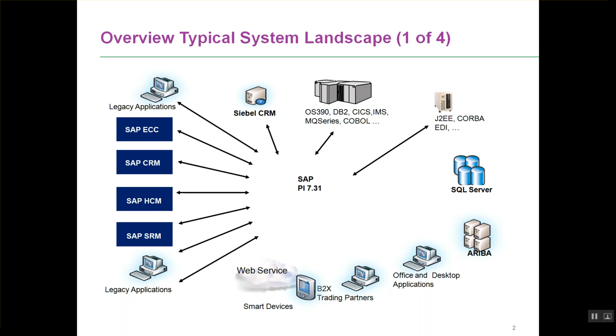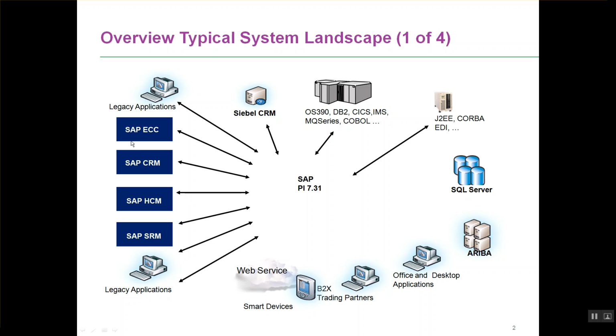The idea of an SLD is that it's a telephone directory, because PI is connecting to multiple systems, and PI is your integration platform. PI needs to know what all systems are there in the landscape, what the types of these systems are, what the physical IP addresses these systems are running on, and so on. So that information is provided to PI via the system landscape directory.